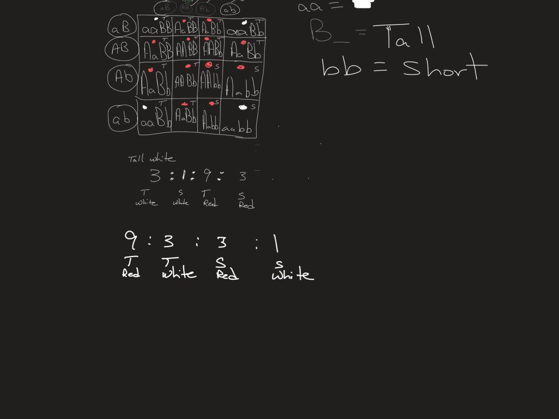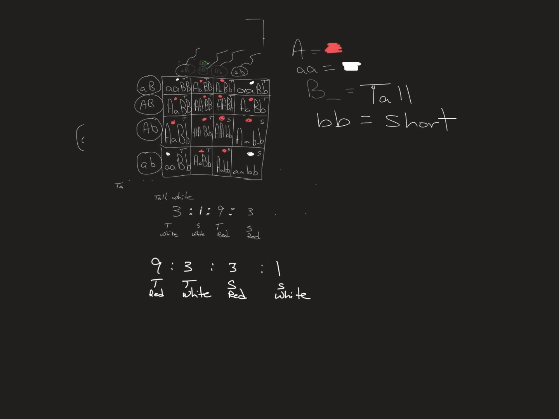Now, why did I organize it this way? Because the first one is where you have both traits dominant. And just randomly, you see more of them. You'd expect more of them randomly.